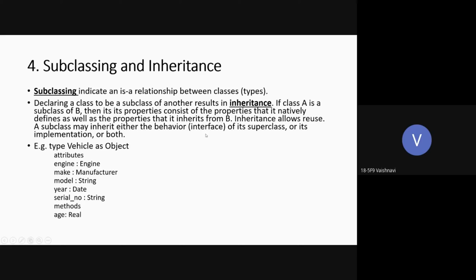The class which inherits the properties of an already existing class is called a subclass, and the class which is passing those properties to another class is called a superclass. Like we can see here, it may inherit the behavior interface of its superclass or its implementation or both. It can be anything.